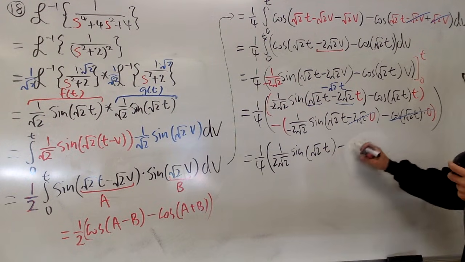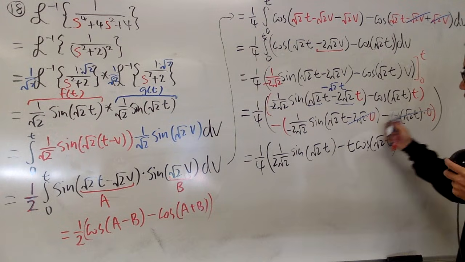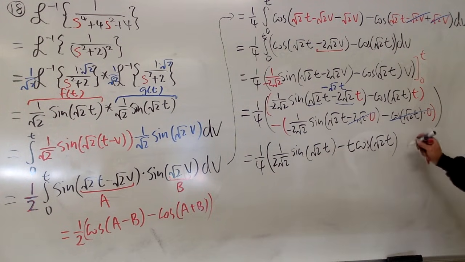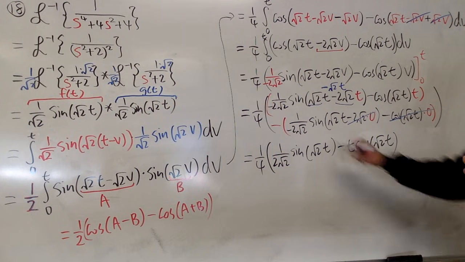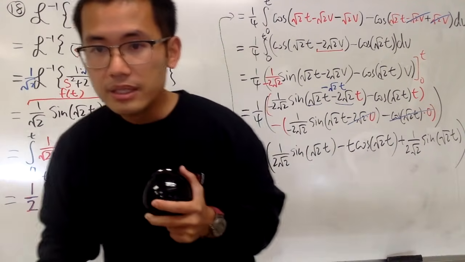Let me put down this t first, make it slightly more clear. And then for this part, it's just minus minus, so it's plus. So we just add 1 over 2 square root of 2 sine of square root of 2t. Good.